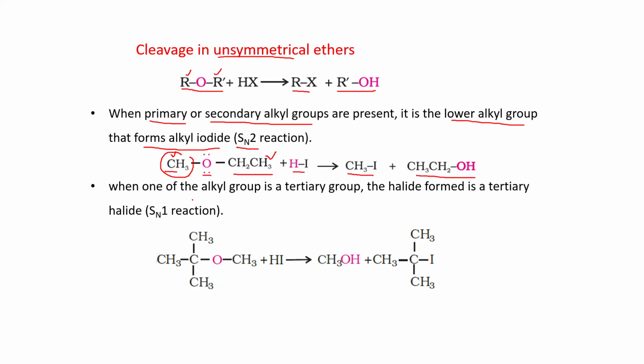But if one of the alkyl groups is a tertiary group, then the halide formed is a tertiary halide, because in that case the reaction will proceed through the SN1 mechanism. Like this one, this is a primary alkyl group and this is a tertiary alkyl group. That's why the I of HI will go to this tertiary group and we will get this tertiary iodide, and this CH3 will convert into alcohol, CH3OH.